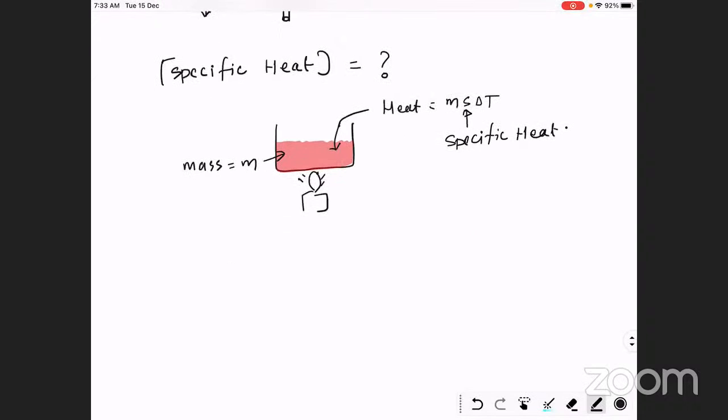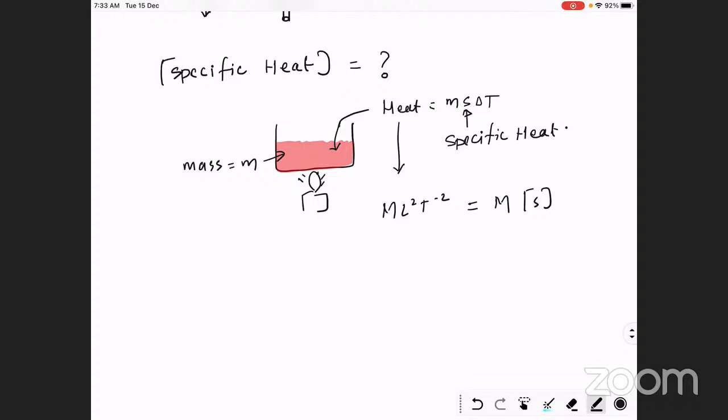So heat has dimension equal to work and energy, so M L2 T minus 2. At the place of mass, M, and specific heat we don't know, and at the place of temperature you can write theta or K. K for Kelvin.